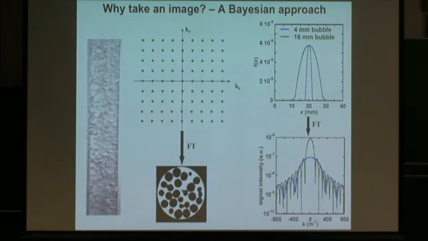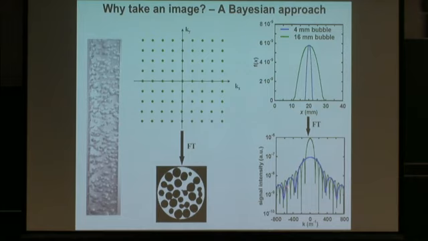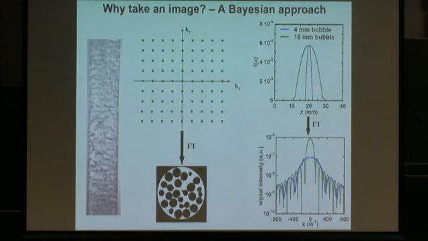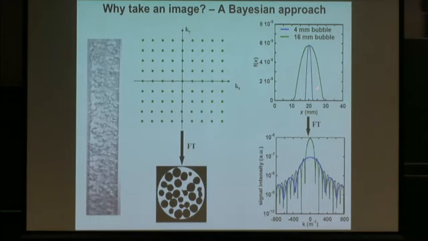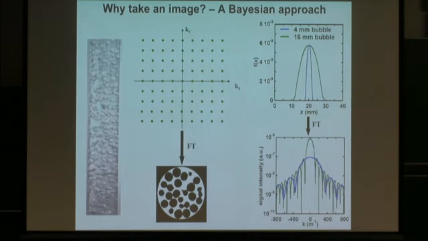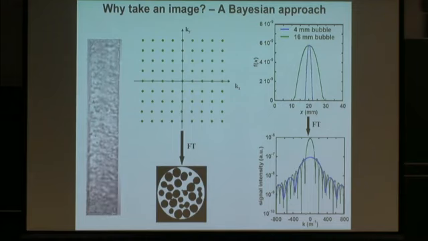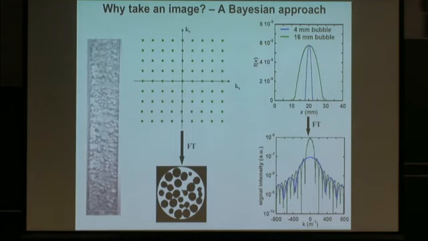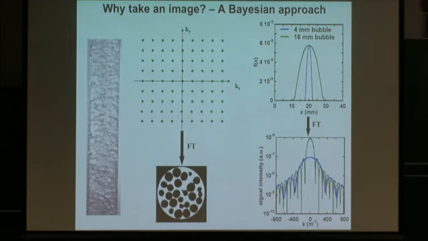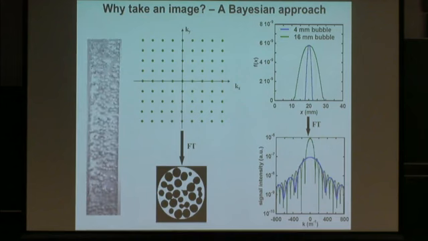And so by building up a model for how our acquired data will vary as a function of the parameter, the state of the system, the parameter that we want to measure, we can build up a model which enables us to extract out the bubble size distribution, in this case, just from acquiring a few data points in k-space, a few experimental data points.